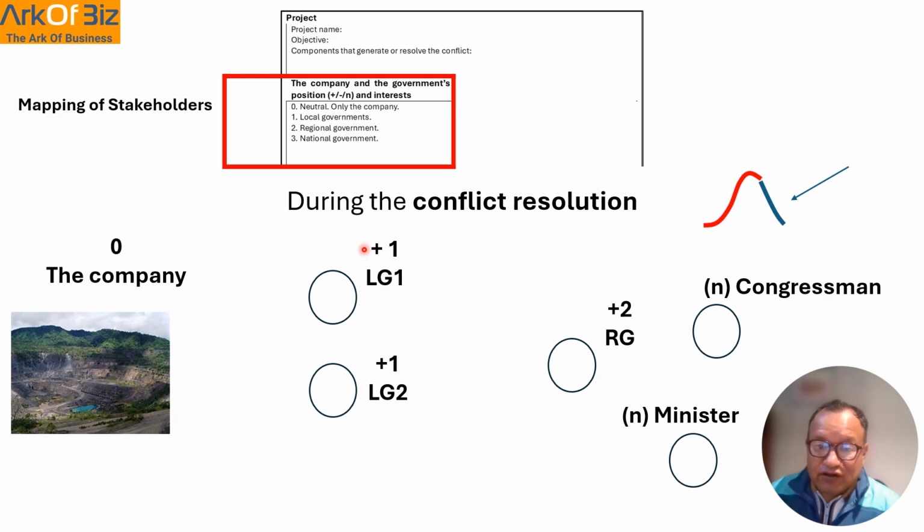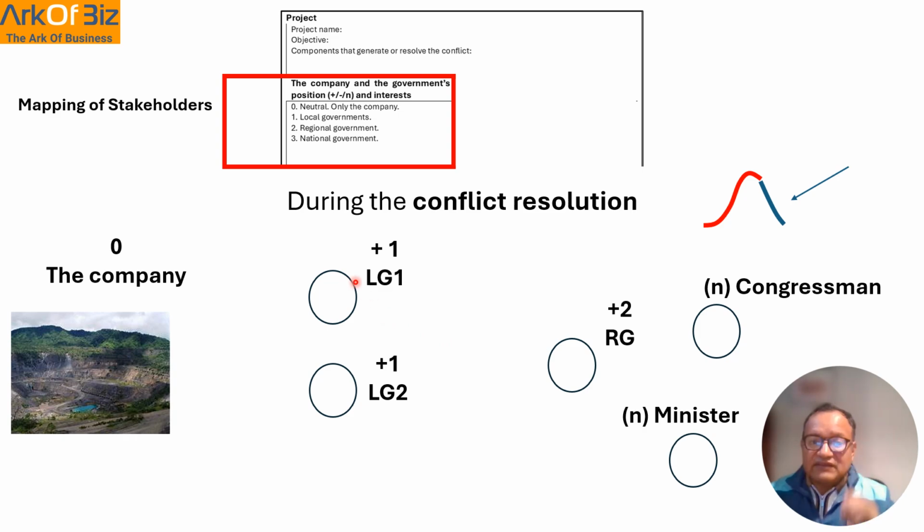After that, during the conflict resolution, the blue line in the picture, at the negotiation table, for instance, each party is generally willing to find solutions. So many stakeholders step back from their conflict activity, start sharing their concerns, and focus on solutions. Because of this change, their position changed to a positive value, reflecting that they are now actively supporting resolution rather than the conflict.